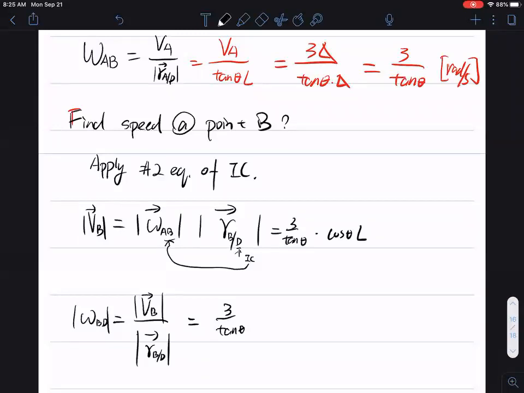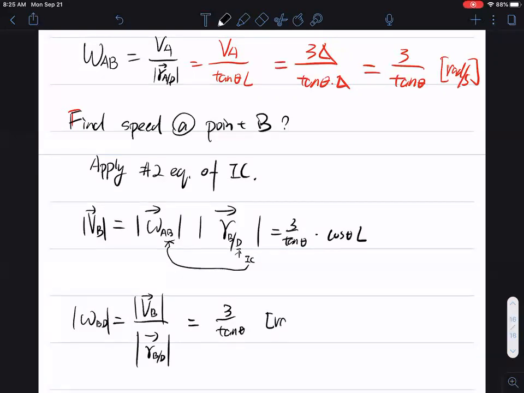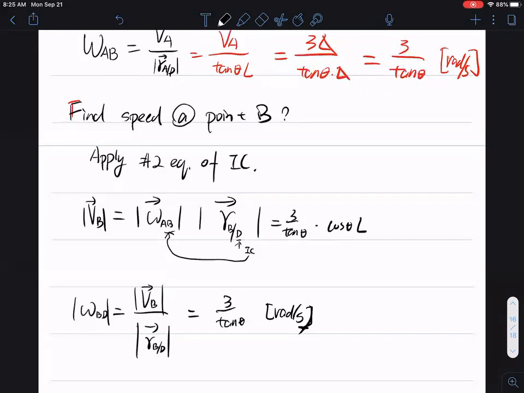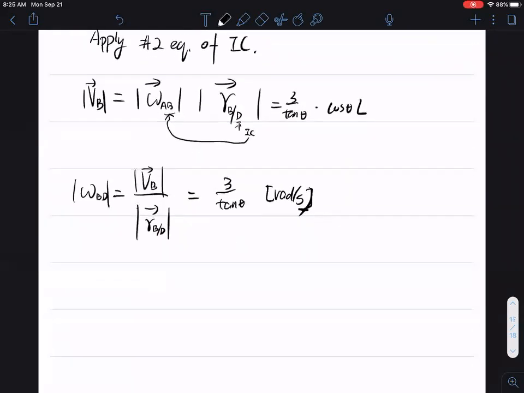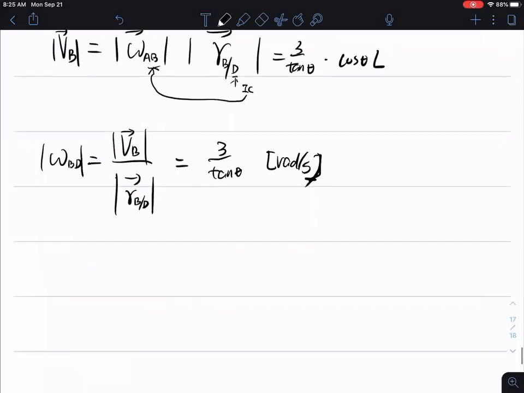RBD is the same. Divided that. All you have is this 3 over tangent theta. That's your RBD. You realize that RBD equals RAB.